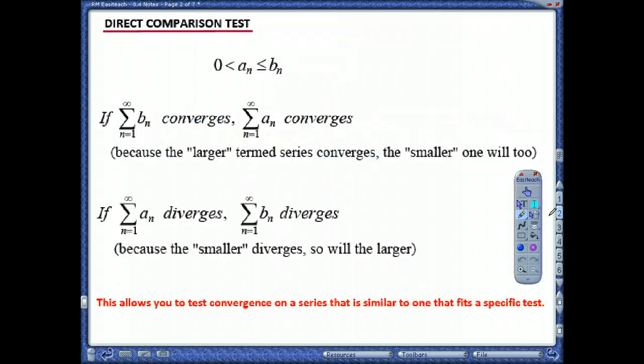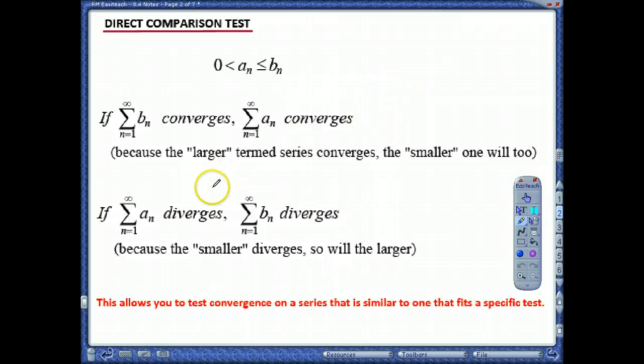Now on the direct comparison, you're going to be looking at 2 series. You're going to be looking at the one you're trying to figure out and then an additional series. It's a little bit tricky, this direct comparison, because you have to know which series is bigger and where it's headed.